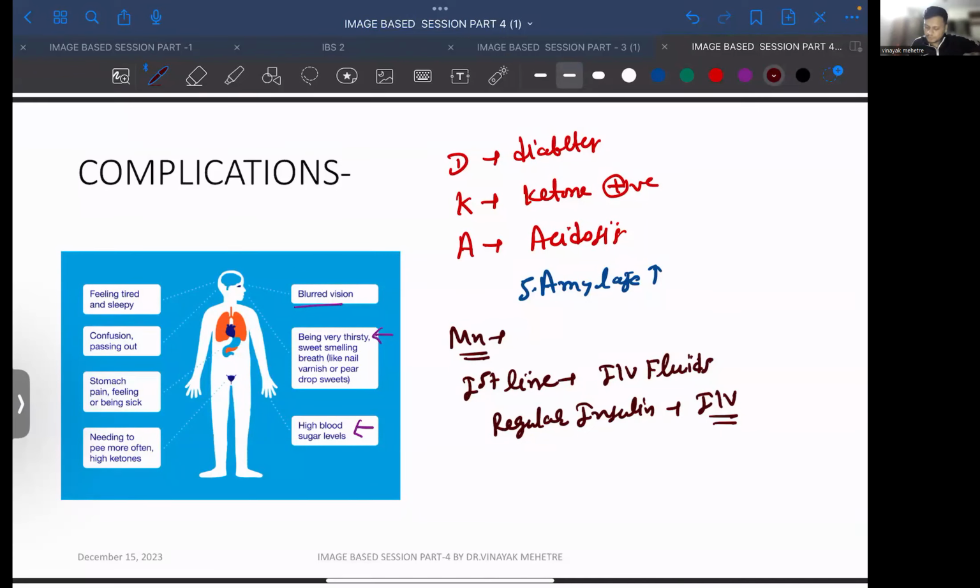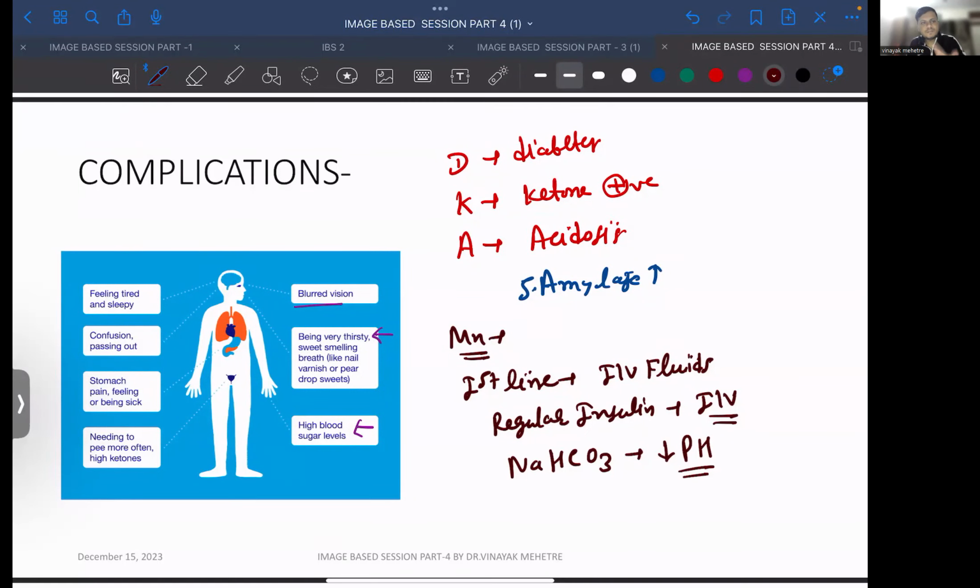So we will give soda bicarb to this patient. The reason, it will increase the pH level. Okay, negative ion देंगे, so patient will have increase in pH. Okay, this is the management of diabetic ketoacidosis.